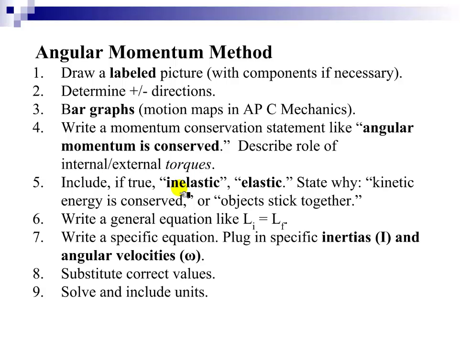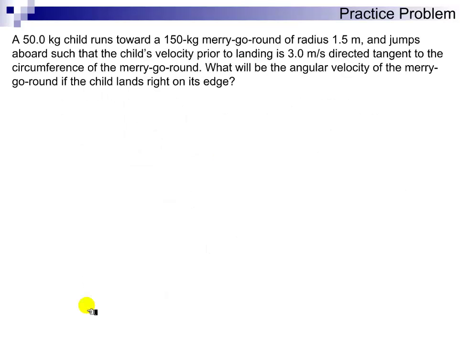If there is a collision, we have to state whether it's inelastic or elastic and say why. We have to write out a general equation, and then we write out our specific equations using our inertias and angular velocities, and then we substitute and solve and include the right units. And then in class, we will solve some examples, and that's it.